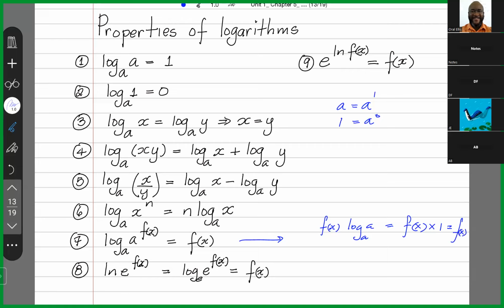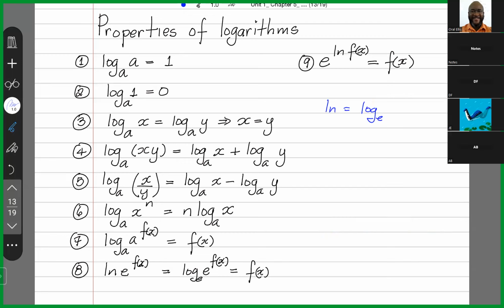All right? So when you move, let us say, from the log form to the index form, the truth of the law becomes obvious. Ln stands for log to the base e. So wherever you see ln, it stands for log to the base e.